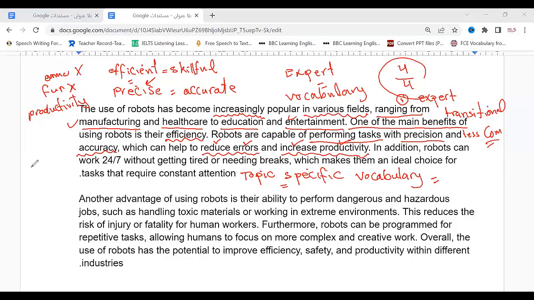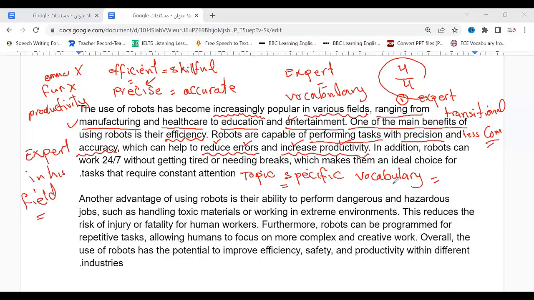Also, the teacher is an expert in using topic-specific vocabulary because he can use exactly the words that can be used in the educational field, and so on and so forth. Each one is an expert in his field. And this is what we mean by topic-specific vocabulary.